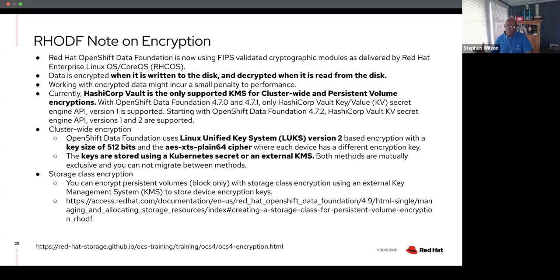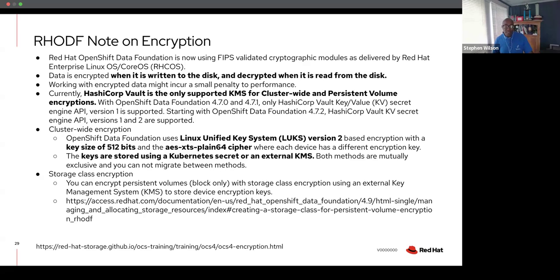And we also have the feature for encrypting PVCs. But again, it goes back to what your security requirements are. Take a look and see if you are required to not use base64 encoded secrets, then you want to look at an external key management store to provide that security for you. One thing to take note of, just in case you have to report: key size 512 bits.